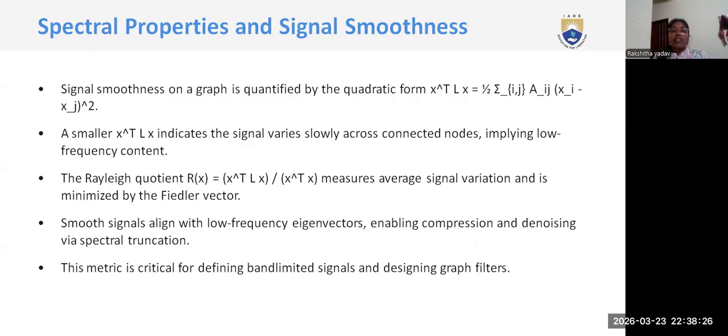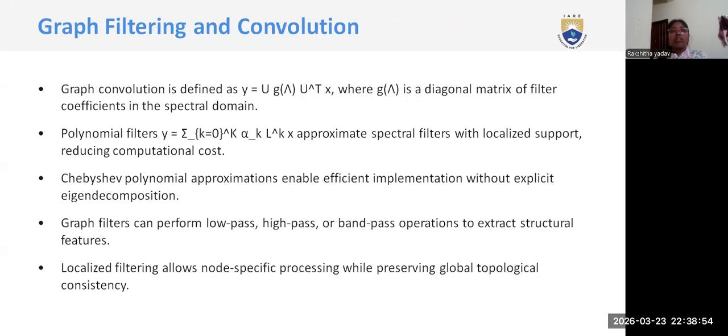A smaller x transpose Lx indicates the signal varies slowly across connected nodes, implying low frequency content. Smooth signals align with low frequency eigenvectors, enabling compression and denoising via spectral truncation. This metric is critical for defining band limited signals and designing graph filters.